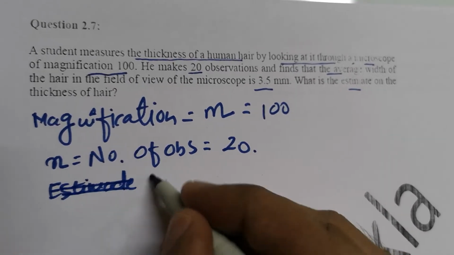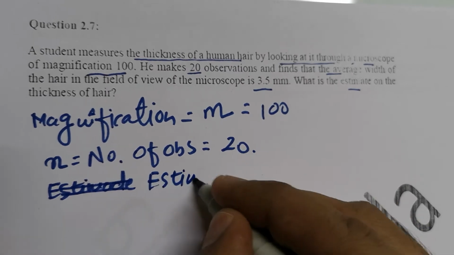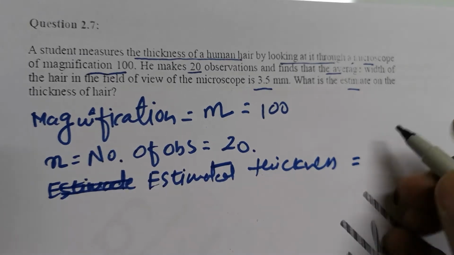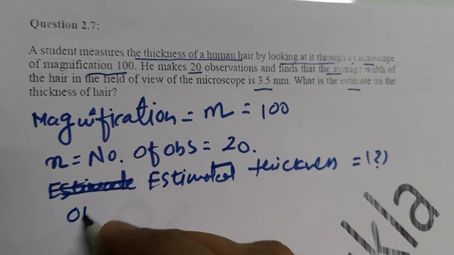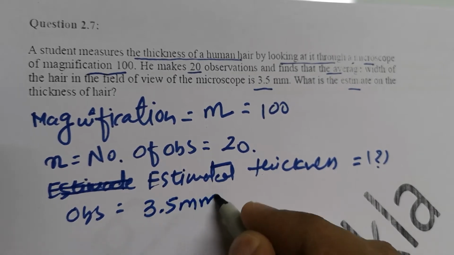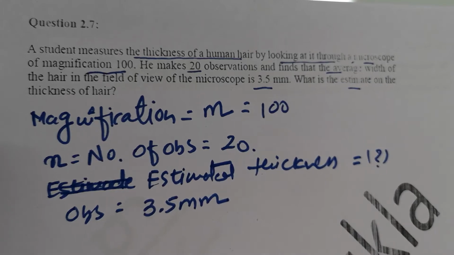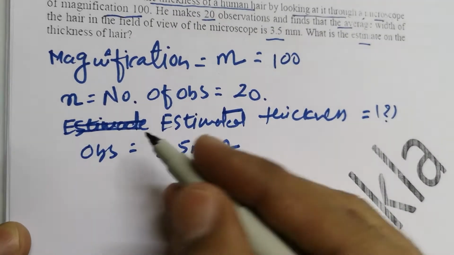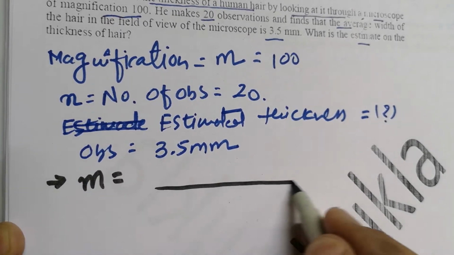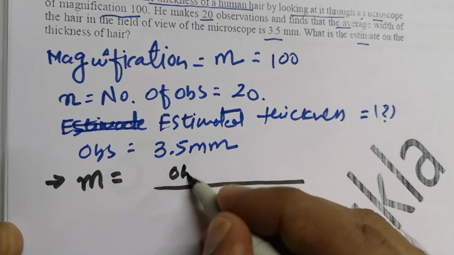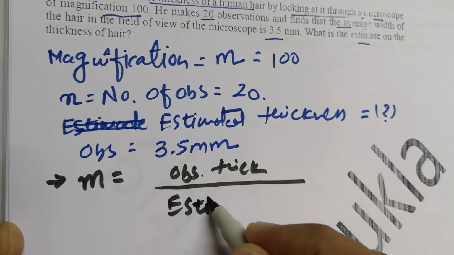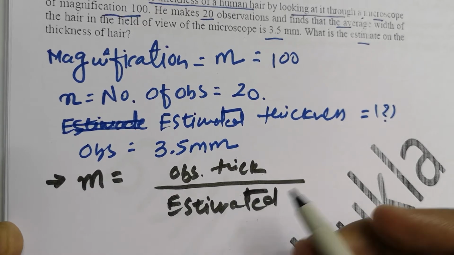Estimated thickness of human hair, and we have the observed thickness, that is 3.5 millimeter. So as of now our data has been given to us, that is 3.5 millimeter. Whenever such type of observation is there, it is called the observed thickness, divided by the estimated thickness.